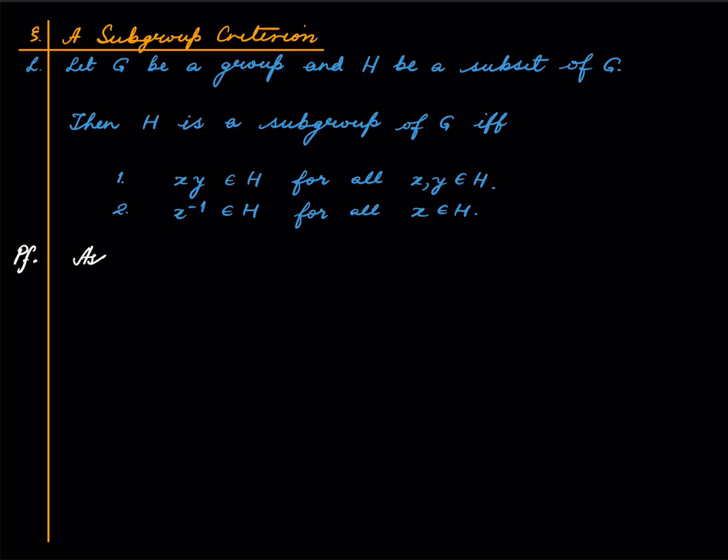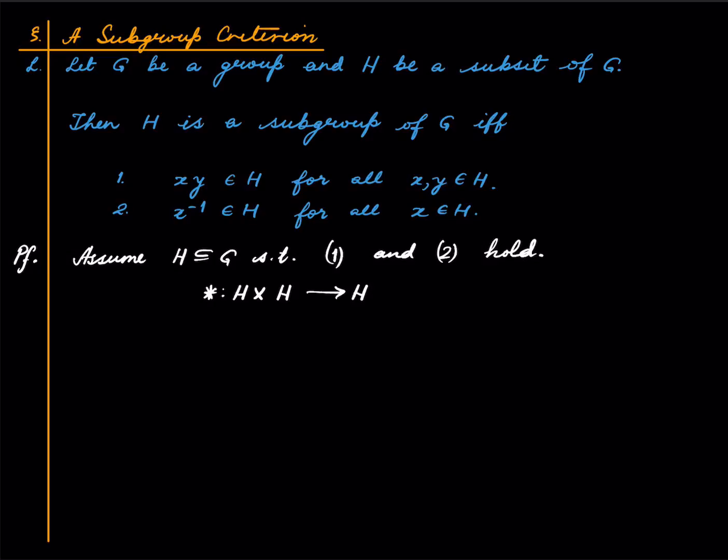So assume H is a subset such that 1 and 2 hold. We want to show that H is a subgroup. What do we want to do? We want to show that this binary operation makes H into a group.